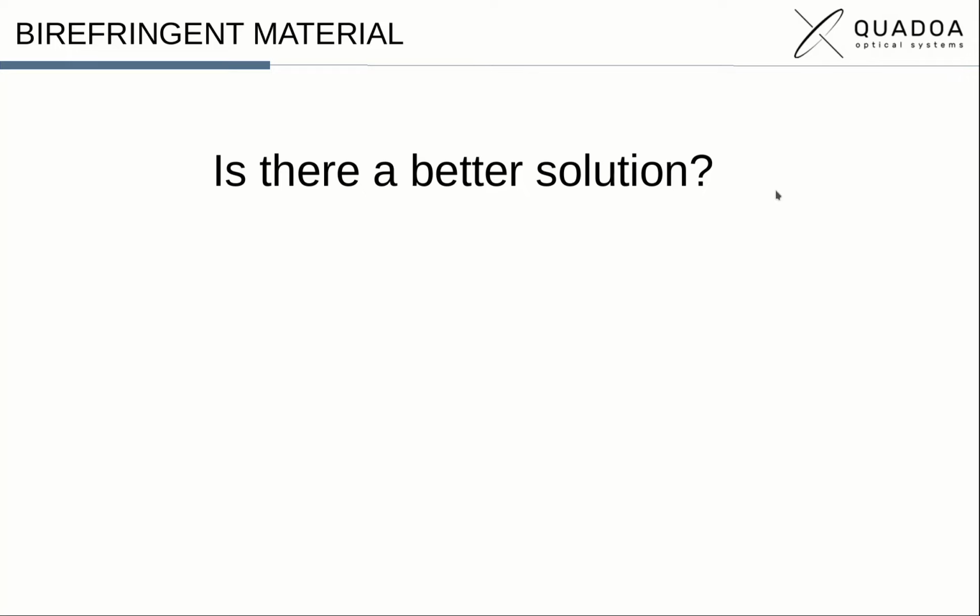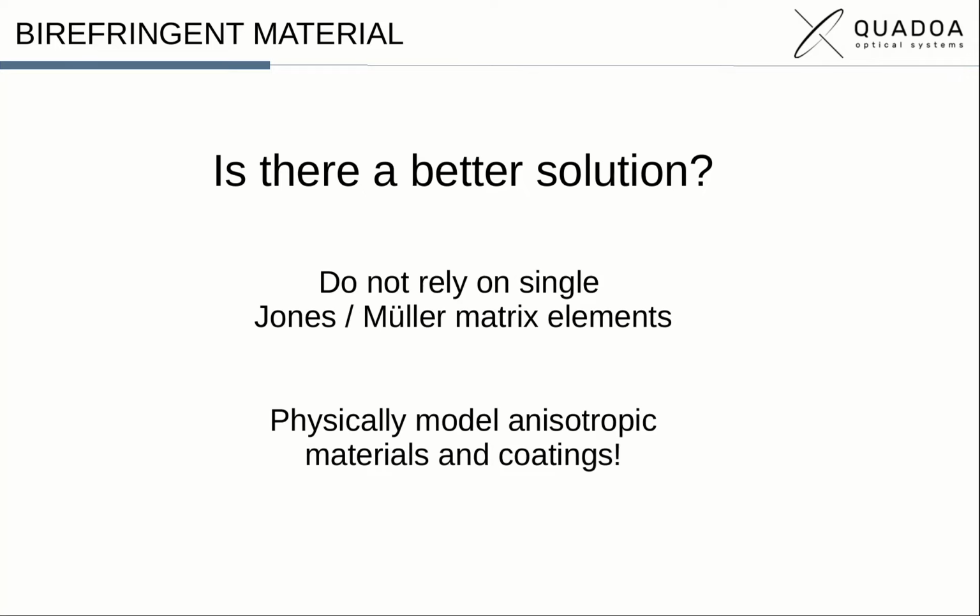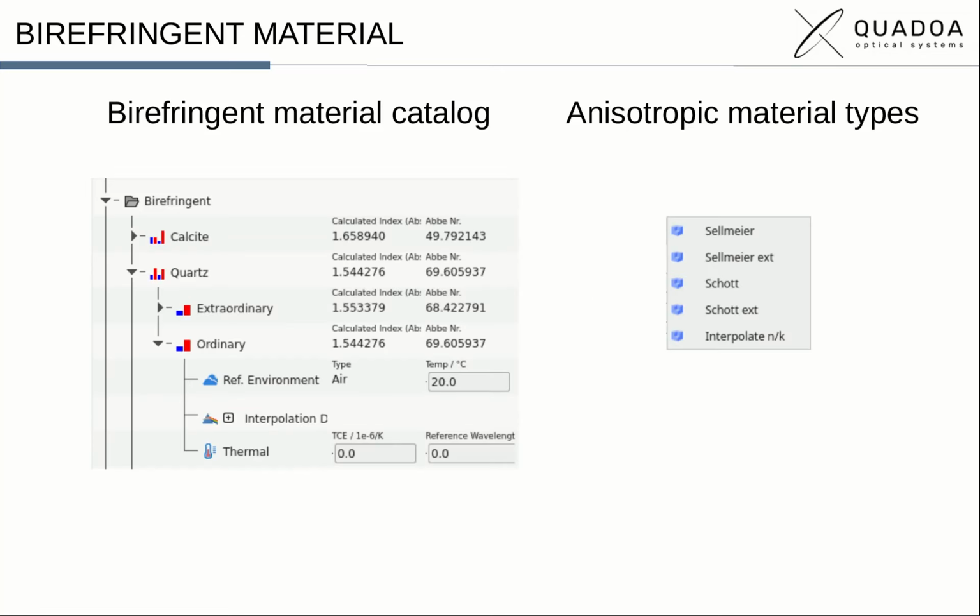And here the idea is that we do not rely on a single Jones or Müller matrix element to define our optical element, but instead really physically model the anisotropic materials and also the coatings. To achieve this, the first thing that is required is the definition of birefringent materials, and for this Quadoa offers a wide range of different dispersion formulas that can be used to define those materials, and for each material always the extraordinary and the ordinary material can be defined.